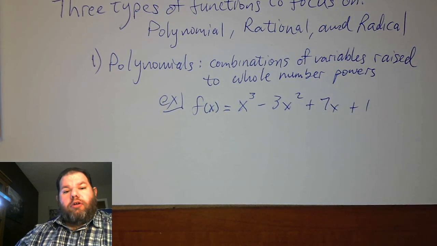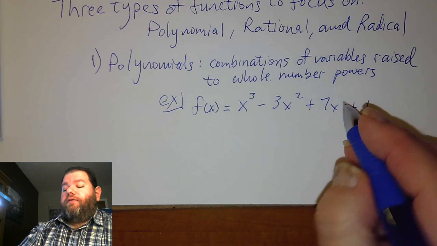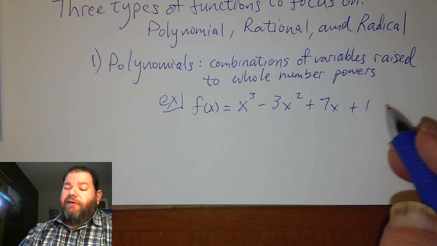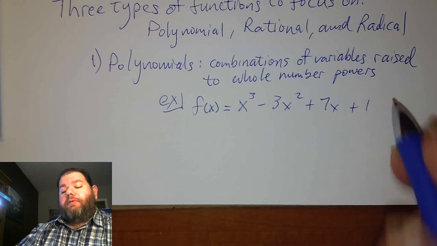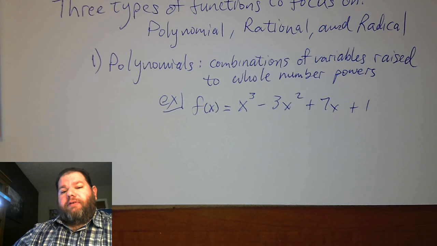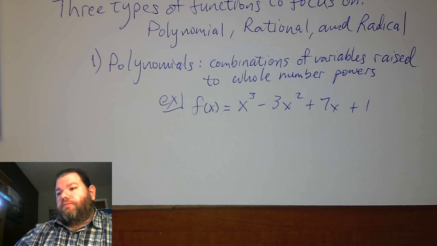Everything there has a whole number exponent. Whole number means it's a positive integer. So 1, 2, and 3 certainly qualify. x to the first, x to the second, x to the third. And technically the constant is x to the 0, which still qualifies as a whole number, because the whole numbers start at 0 and count upwards from there. And that's how a polynomial looks.